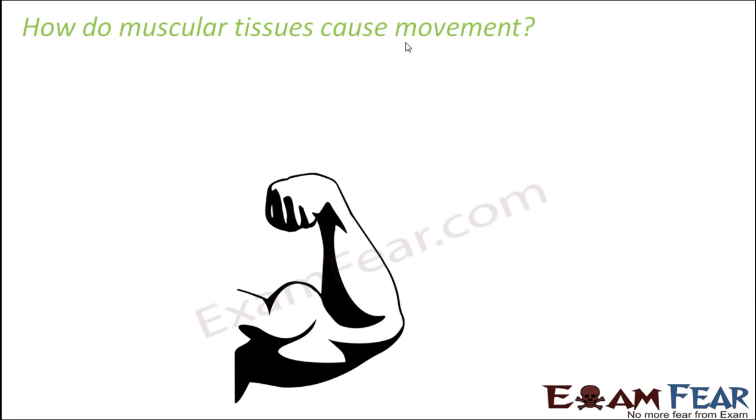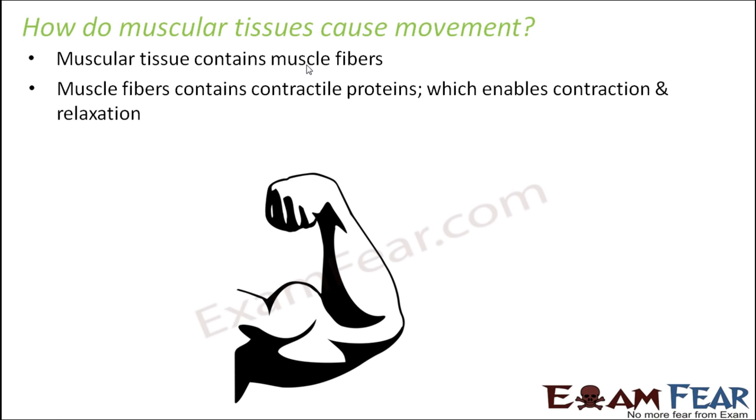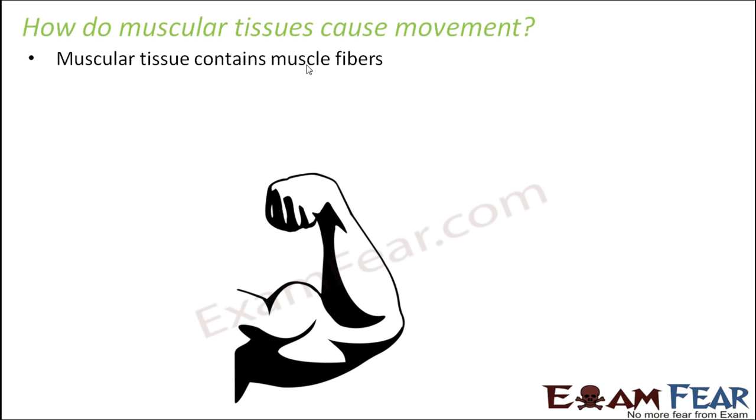So now the question is, how do muscular tissues cause movement? What special happens inside these tissues that causes so many types of flexible movements? These muscular tissues contain muscle fibers, which are parts inside the muscular tissues.